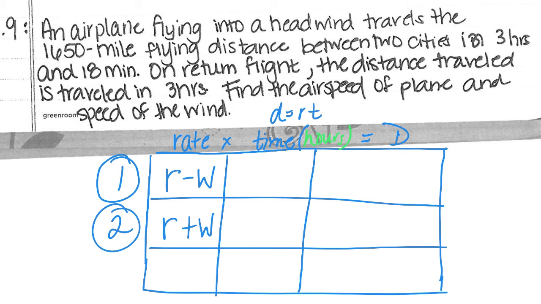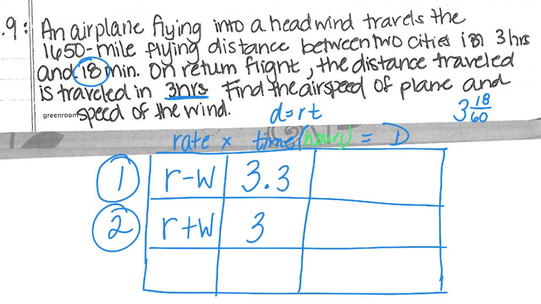So we're getting that little tailwind pushing us through. This trip is going to be 3.3. Now, where did I get that? Remember that this 18, this is 3 hours and 18 over 60. So you can either use that as a fraction or you could use it as a decimal. But since we're going to put this in our calculators, I just went ahead and used it as a decimal. And remember, the return trip home is just 3 hours.